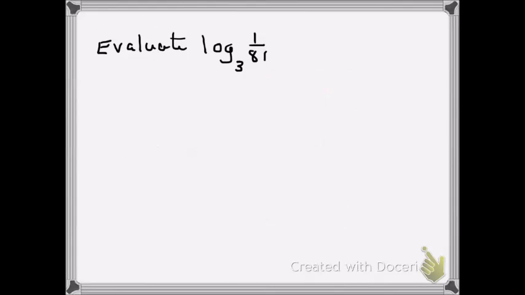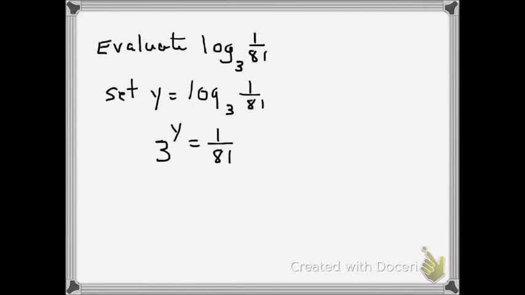Now let's use that as a strategy to evaluate the expression log base 3 of 1 over 81. So first set this equal to y, log base 3 of 1 over 81, and then change it to the exponential form. 3 to the y power is equal to 1 over 81.